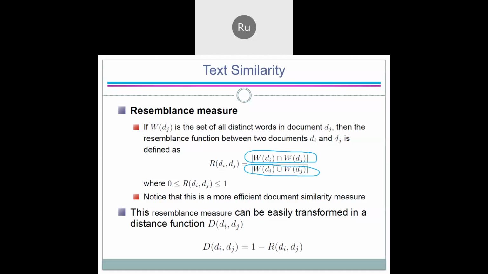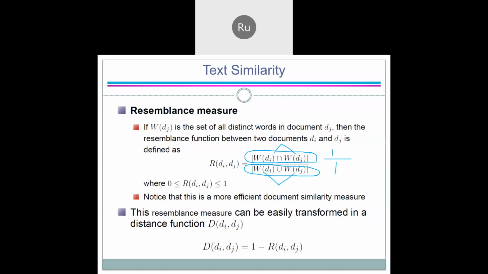The intersection is where they try to find common terms between these two documents, and the union refers to the combination of unique terms that we have from document I and J. If DI and DJ are the same, you will have 1.